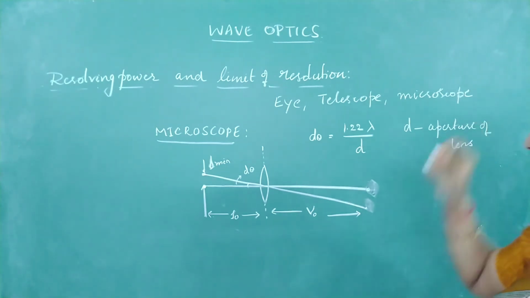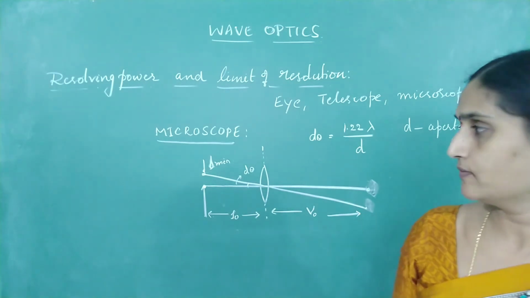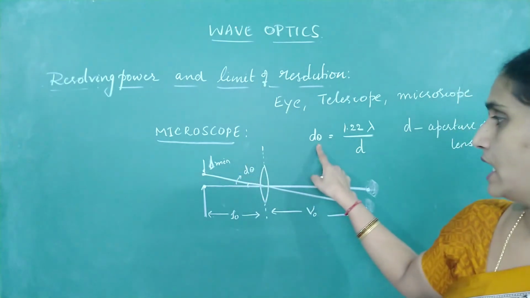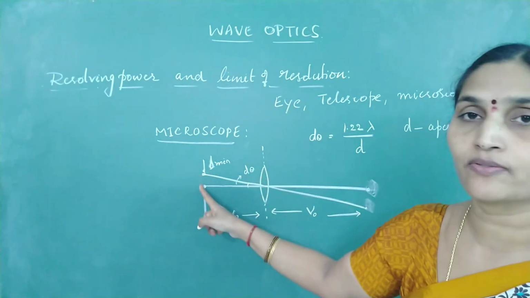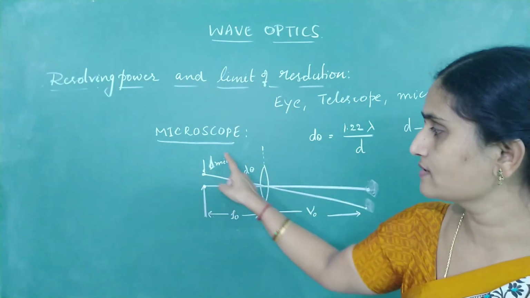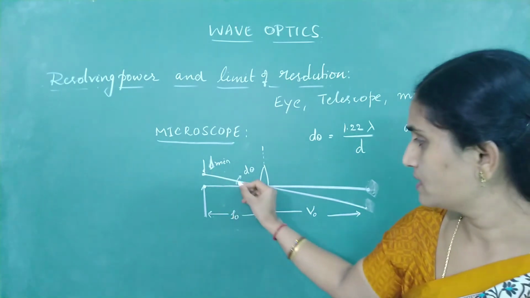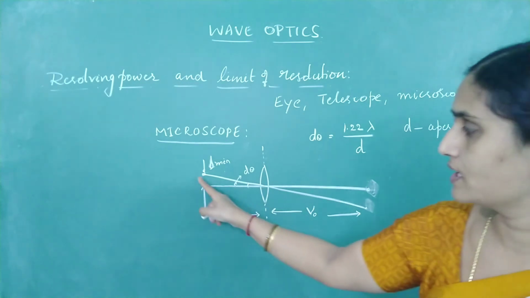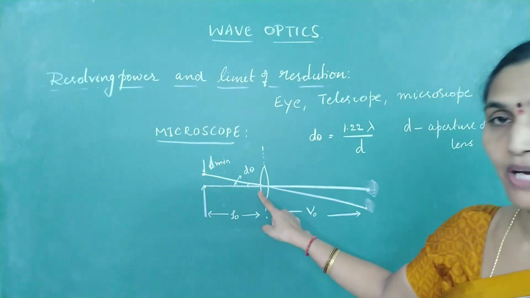Whatever lens we are using. So in case of a simple microscope or a compound microscope, I will find out the linear limit of resolution. First I find out what d minimum is equal to. See, this angle is d theta. When theta is very small, can I write d theta as d minimum divided by f0?